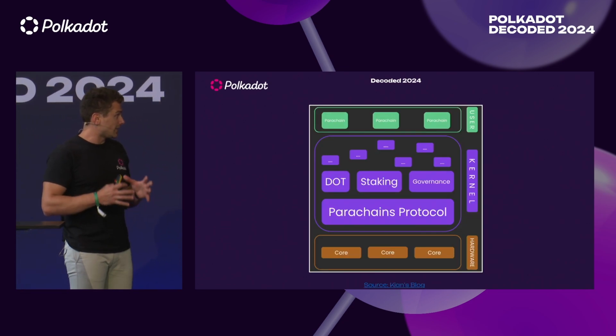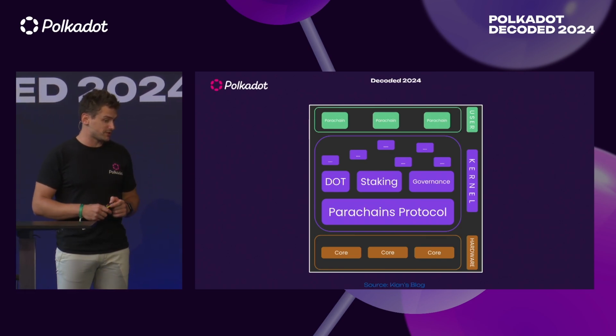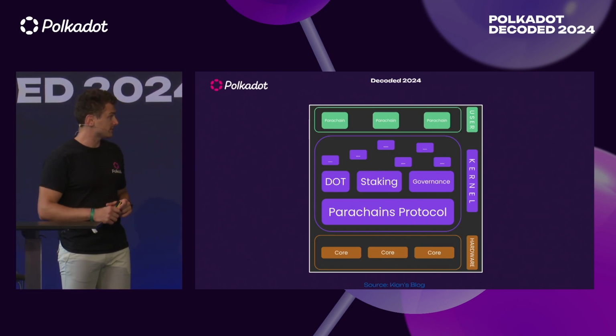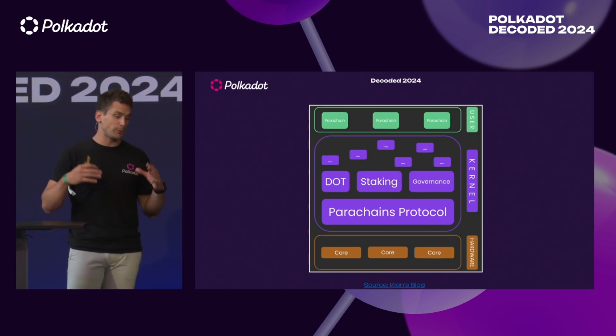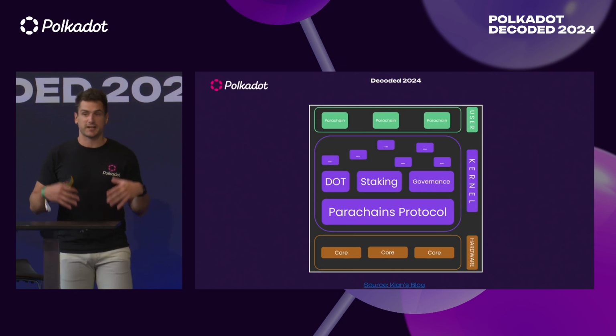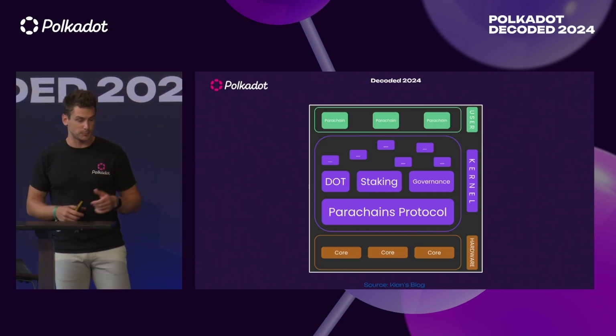What Polkadot does, essentially, you can see at the bottom of this scheme: we have all the cores, which is basically the hardware, the computer. On top of this, we have the kernel, which manages how these resources are handled, input and output.